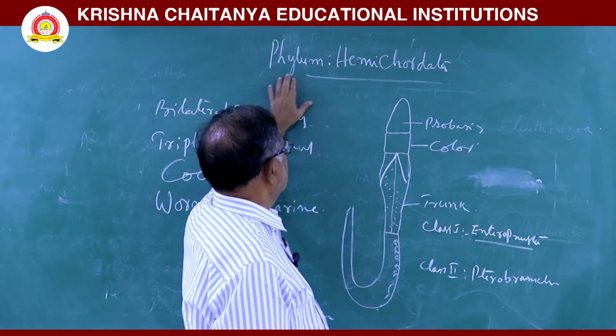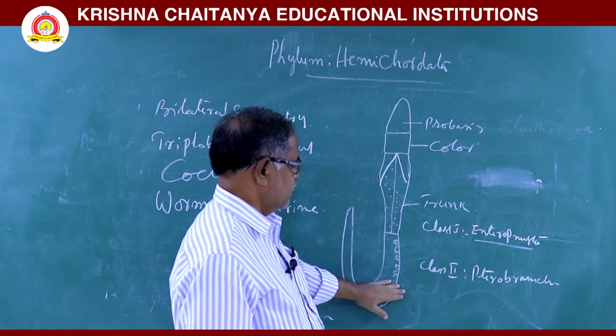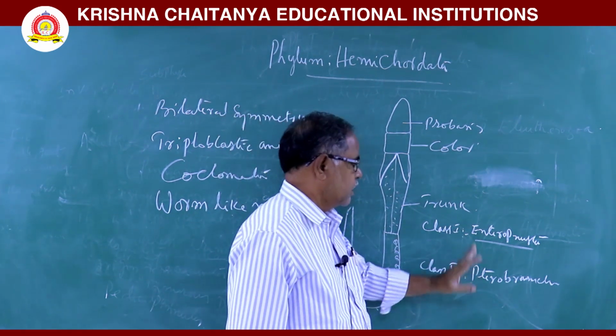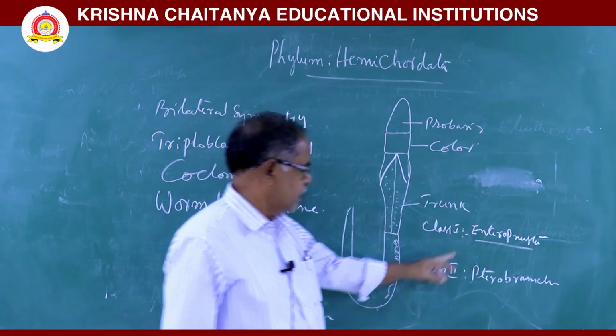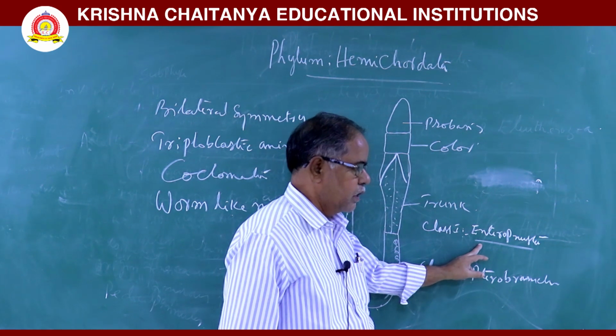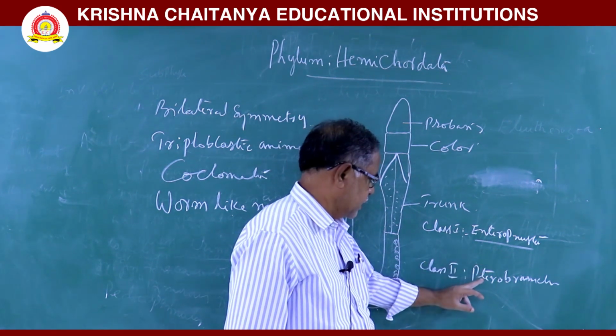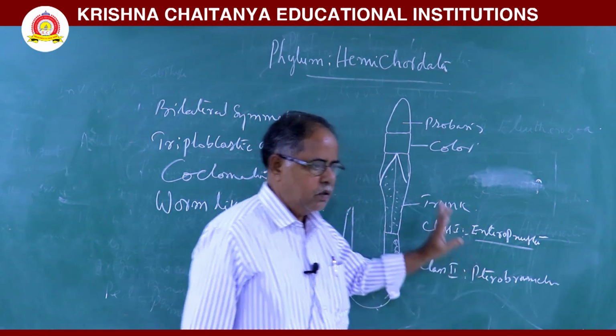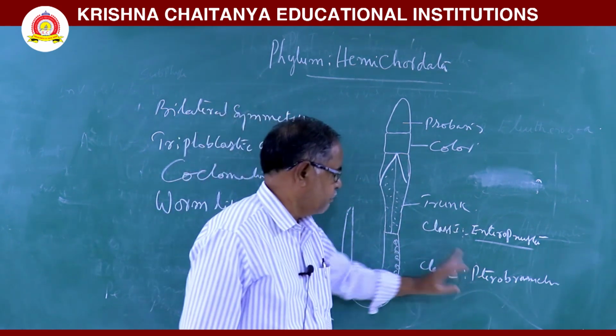So, the phylum Hemichordata is further classified into two classes. One is Enteropneusta, the second one is Pterobranchia. Example for Enteropneusta, Balanoglossus. In this animal, the Tornaria larva is seen. Next, Pterobranchia. Example, Saccoglossus. They are a colonial form.